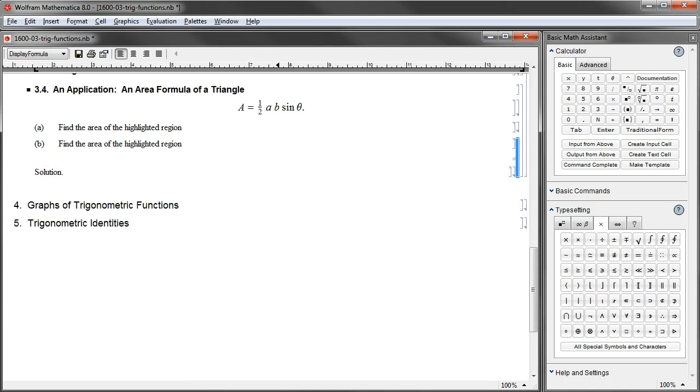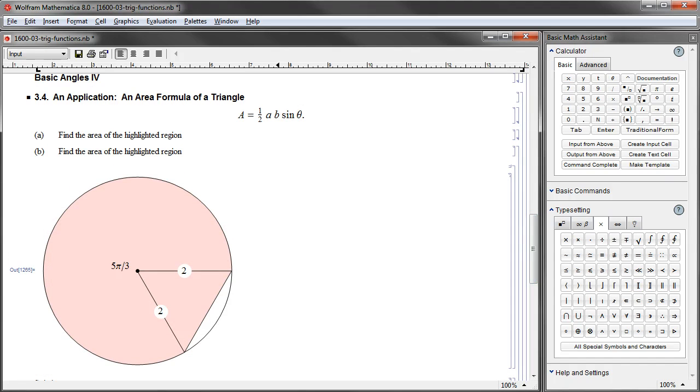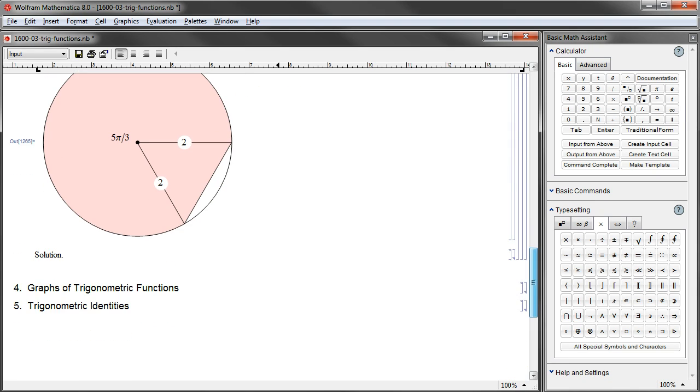How about something like this? We have a sector and a triangle, but how do we handle that? Well, let me give you just a hint.